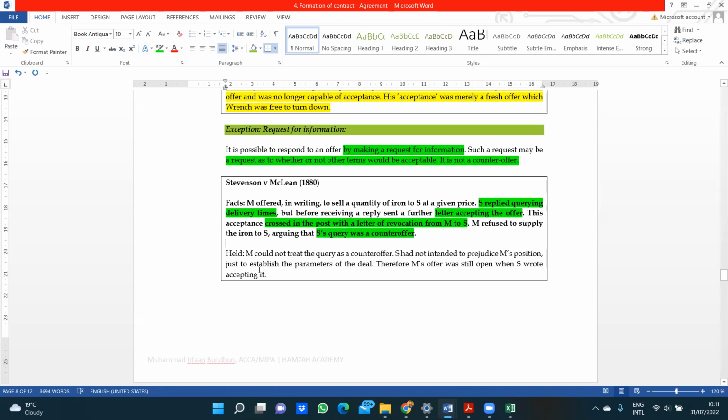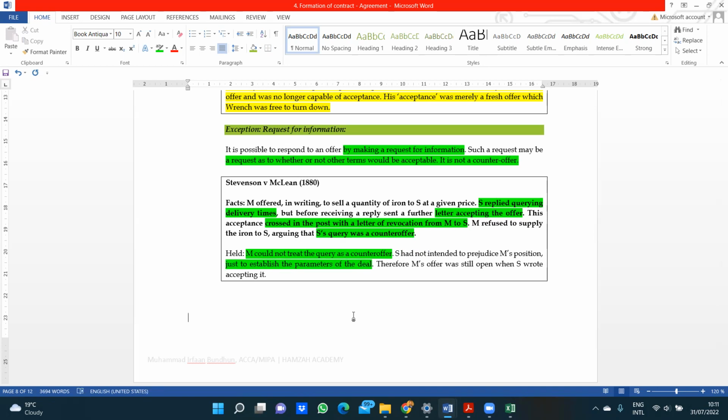What was held at the court? M could not treat the query as a counter offer because, again, a request for information is not a counter offer. S had not intended to prejudice M's position, but just wanted to establish the parameters of the deal. So S just wanted further information on the deal.